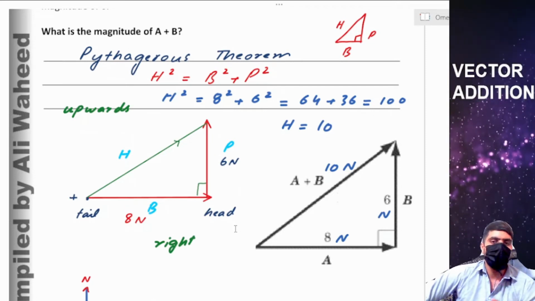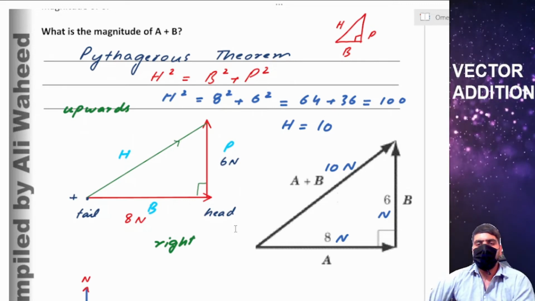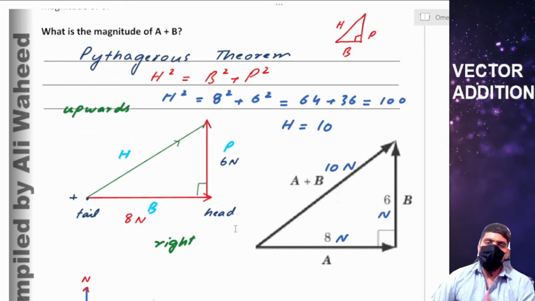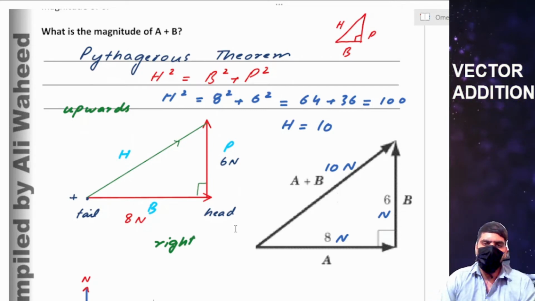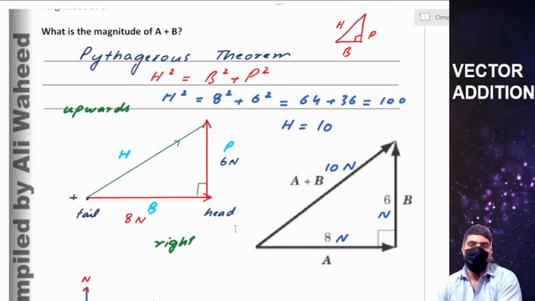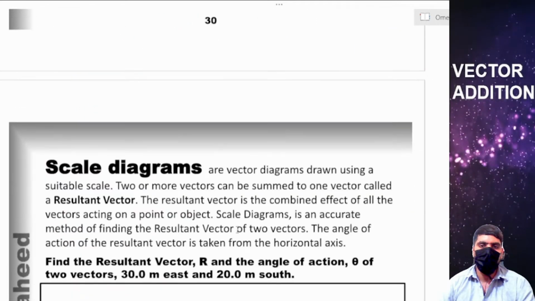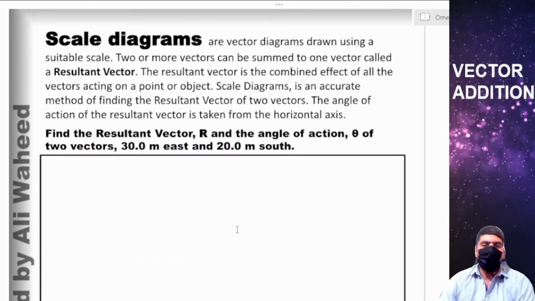You were not able to simply add them. It was not 2, because you were not able to simply subtract them. It is somewhere in the middle. It would be greater than 2 and less than 14. All right, let's move on to the next thing.